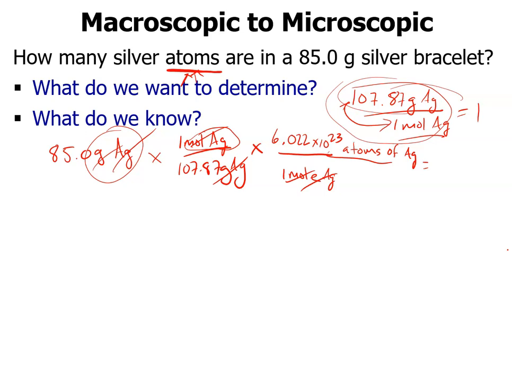If you multiply 85 times 6.022 times 10 to the 23rd, and divide all of that by 107.87, that should give you something close to 475 times 10 to the 23rd atoms of silver.